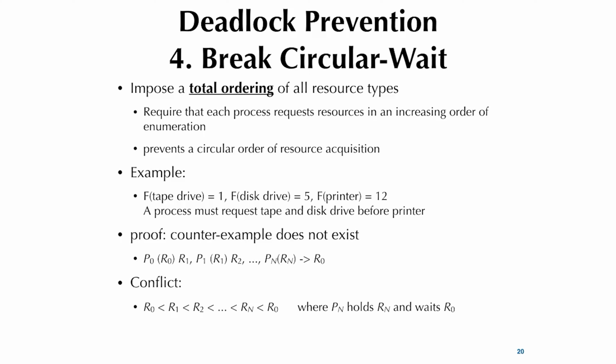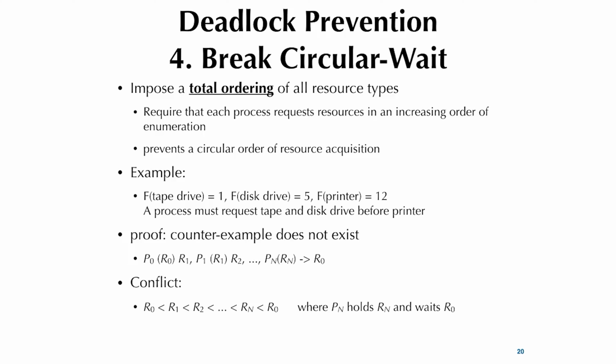Okay, so how can you break circular wait? Well, that is one way you can possibly do it. You saw the transaction example where you lock one and then lock another, but then you lock them in reverse order. That's where you can get into deadlock.